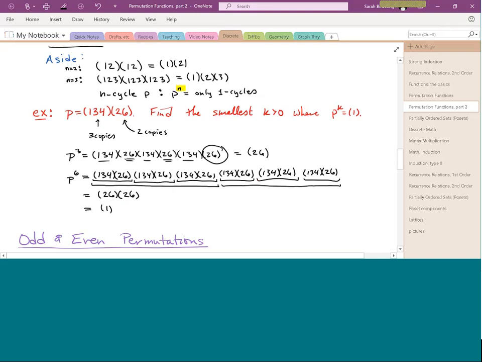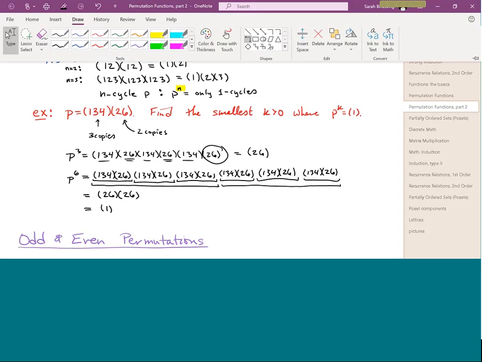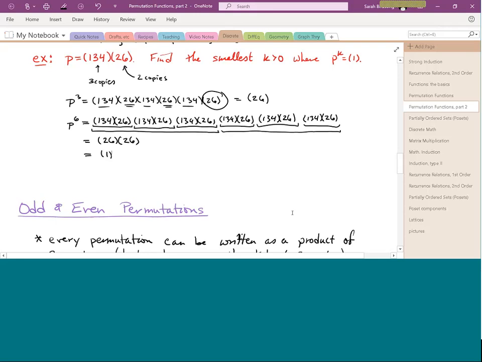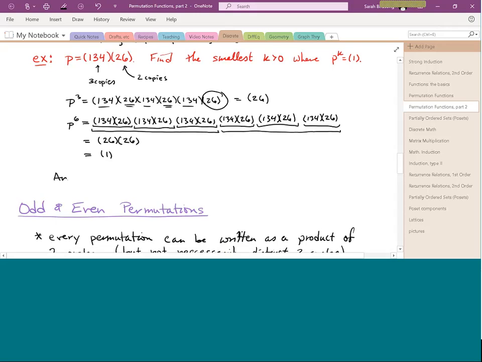Now, notice how could you grab the 6 just from your 2 cycle and your 3 cycle? This 6, so answer, K equals 6.